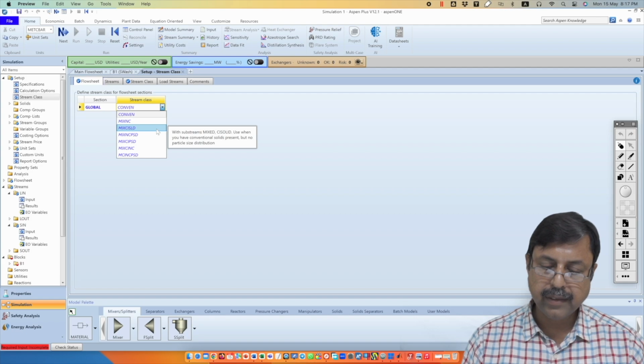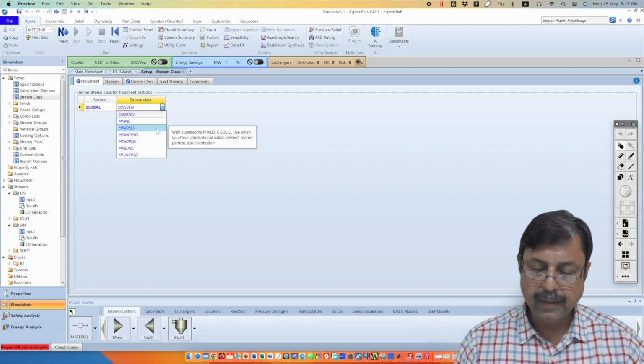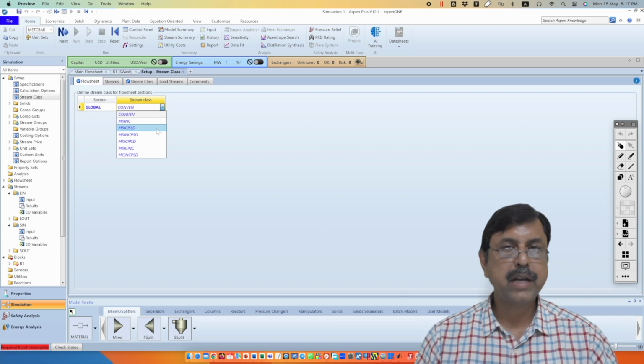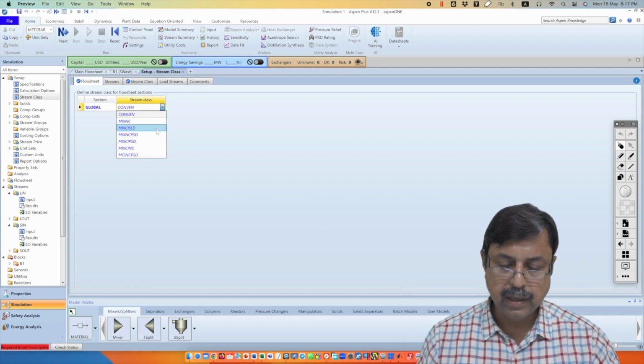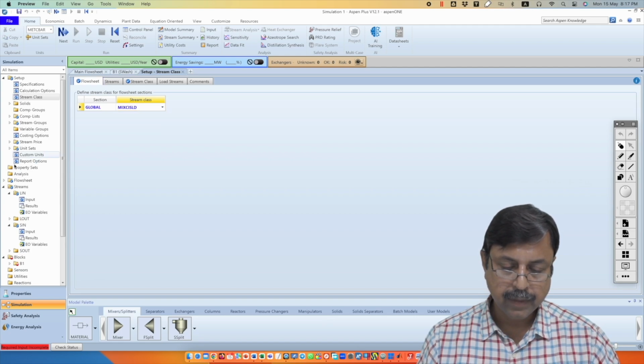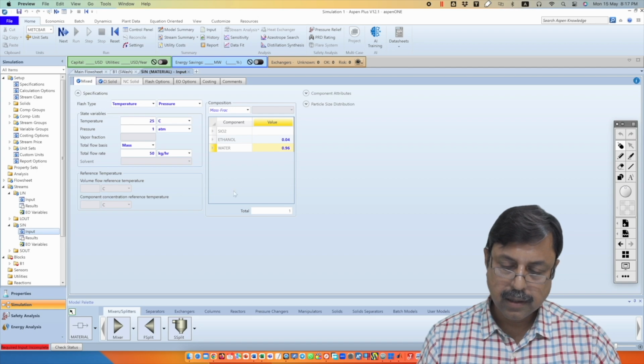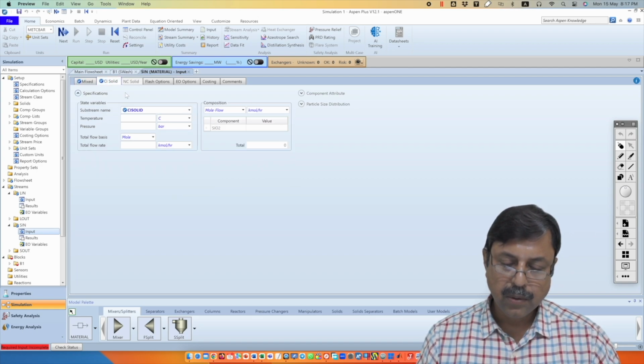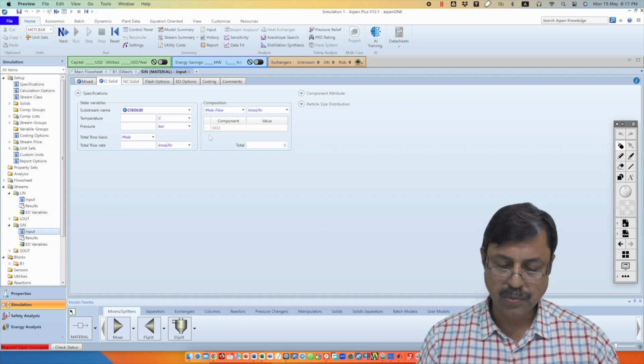It says with substreams MIXED, CISOLID, use when you have conventional solids present but no particle size distribution. So we will use MIXCISLD. The moment we choose it, this CISOLID substream is open for us, where we can add in the value of solid SiO2.